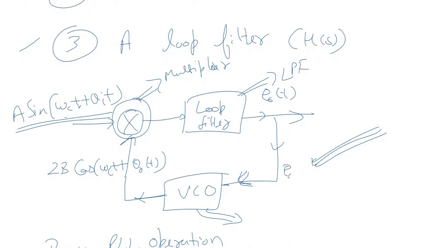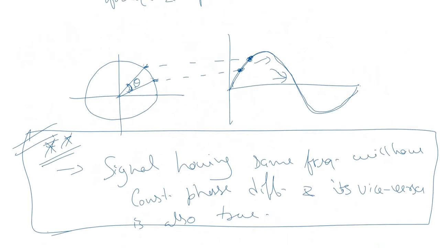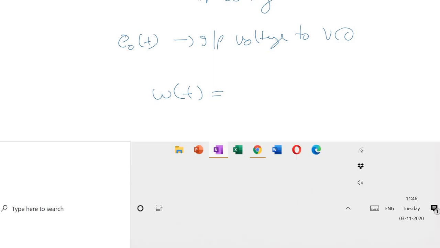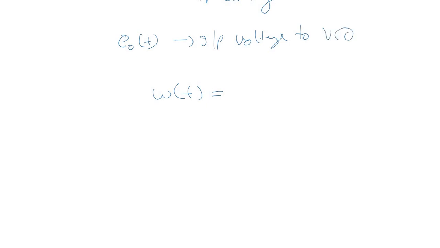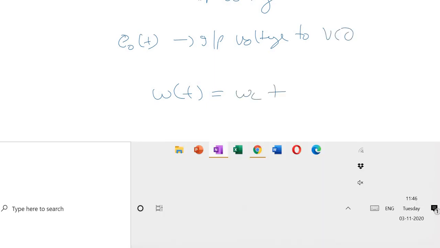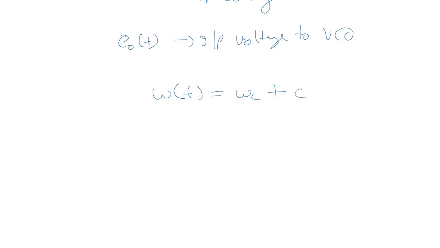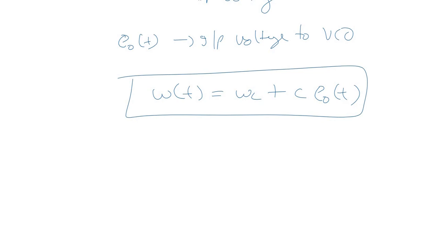This E0(t) is the input voltage to the VCO, and its output is a sinusoid with instantaneous frequency given by, this is the instantaneous frequency of the output of VCO, omega(t) is equal to omega_c plus c into E0(t). This is the instantaneous frequency of the VCO output.